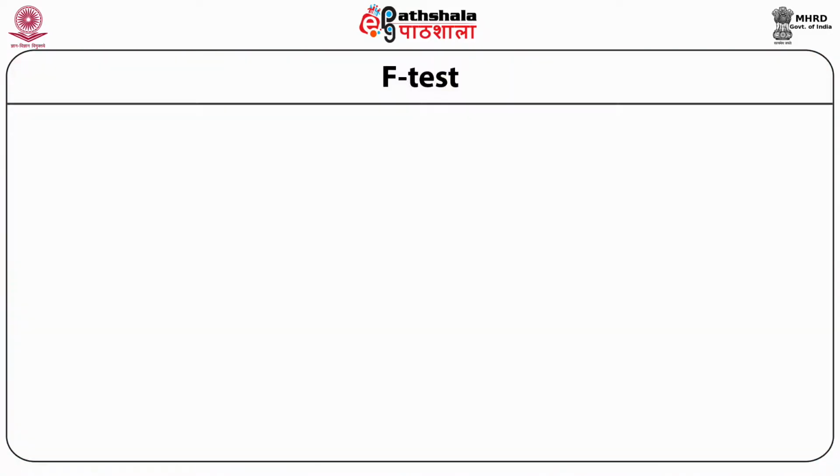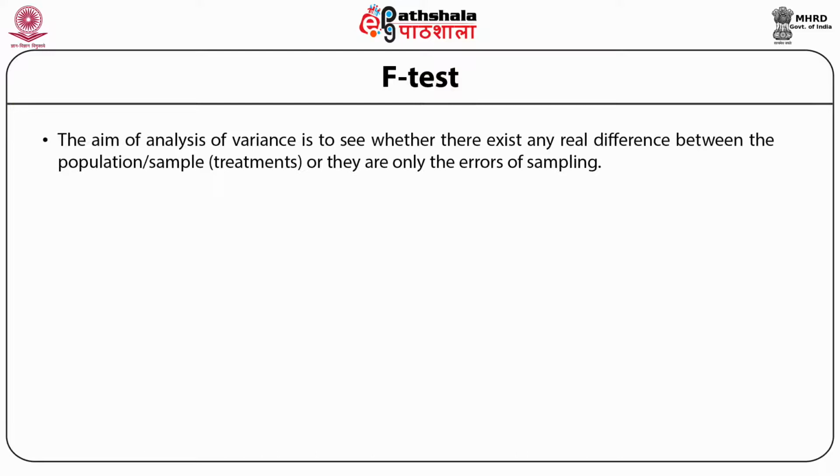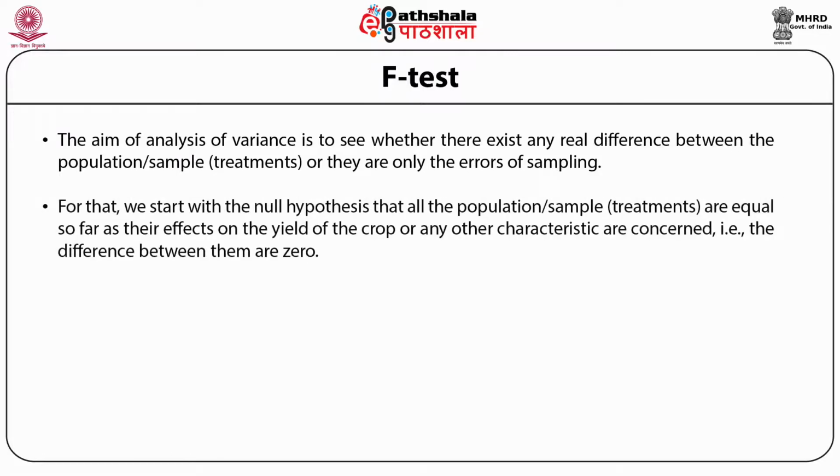What is the F-test? The aim of analysis of variance is to see whether there exists any real difference between the populations or the treatments, or whether they are only the errors of sampling. For that, we start with the null hypothesis that all the populations, treatments or samples are equal as far as their effects on the yield of the crop or any other characteristic is concerned.